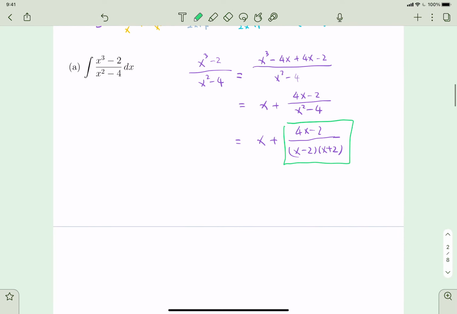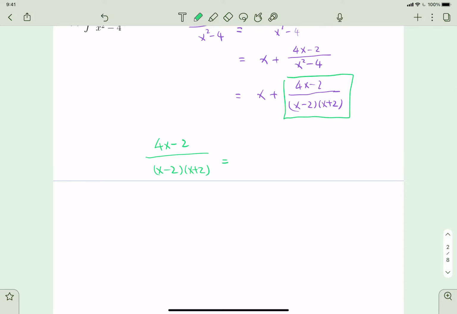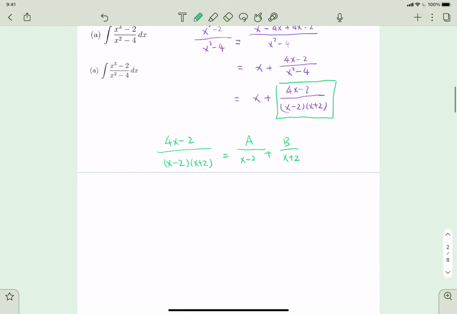This thing, 4x minus 2 divided by (x minus 2)(x plus 2). We're going to set the partial fraction like a over x minus 2 plus b over x plus 2, something like this.